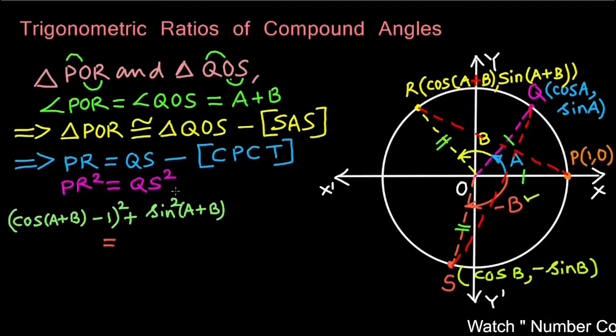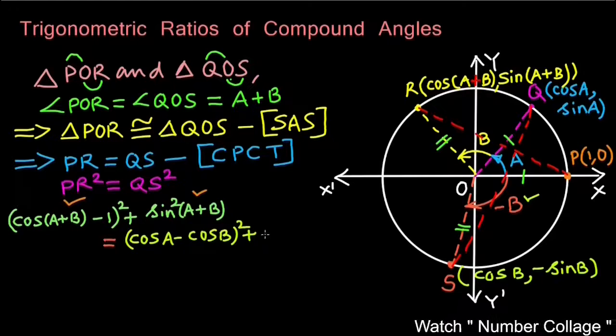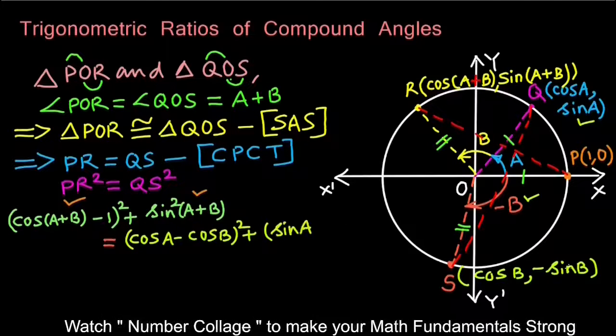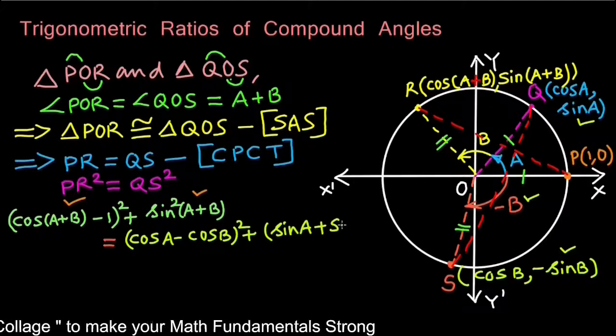So therefore QS square will be (cos A minus cos B) whole square plus (sin A minus minus sin B) whole square, which will be plus sin B whole square.